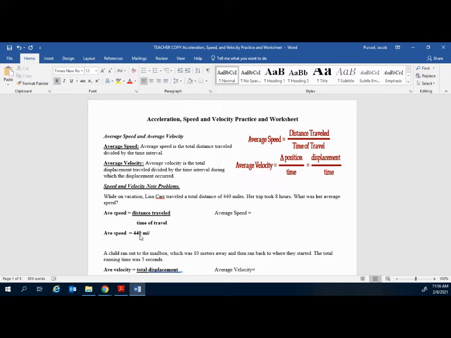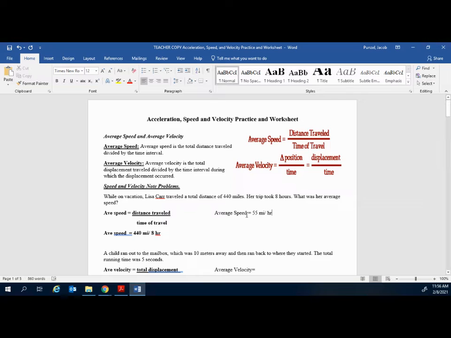And our bottom is going to be our time of travel, so that was 8 hours. If you take out your calculator, and if you have a Chromebook, you should have access to a calculator in the Chromebook, or use your phone. If we divide those two, we would get 55 miles per hour.